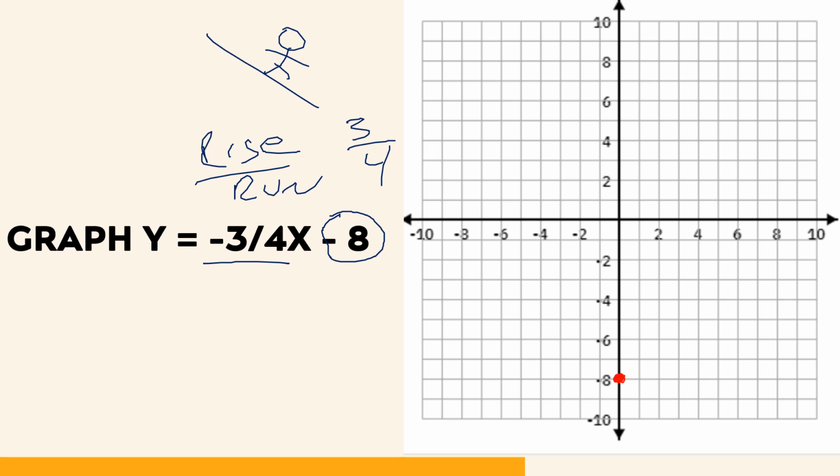That's right, it's -3 over 4. So you go down 3. And then what's our run? That's right, 4. Do we go right or left? Which way, right or left, will make this line slant downward? That's right, if you go left, 1, 2, 3, 4, and then you connect the dots. You got your equation. So if you can do that, you're going to be good for this lesson.